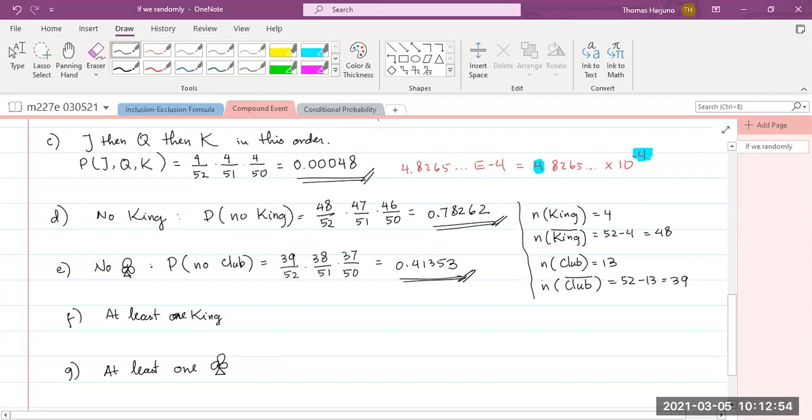Now part F and G are classic questions that you usually see not only in our textbook, but also in my test. What is the probability of at least one king? Probability of at least one king equals 1 minus probability of no king.